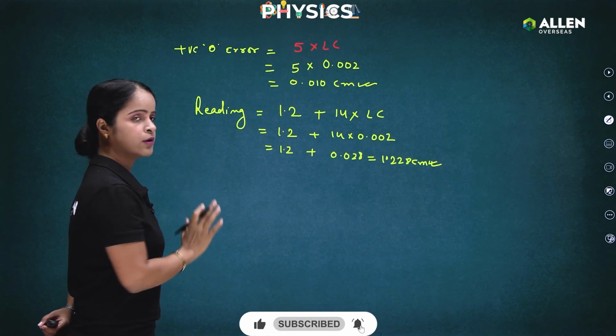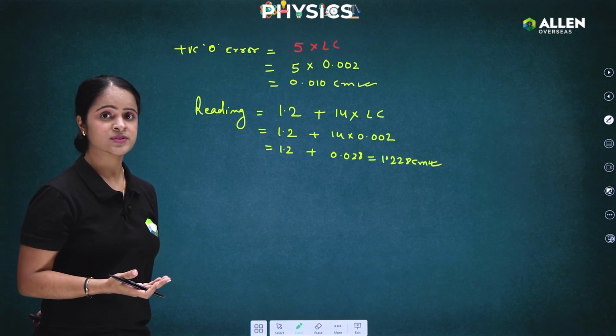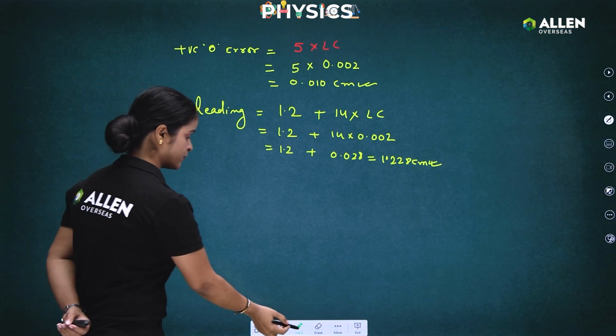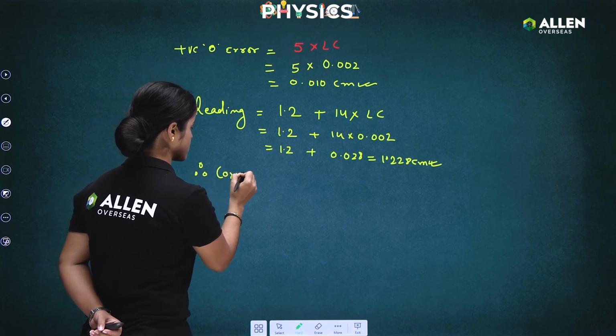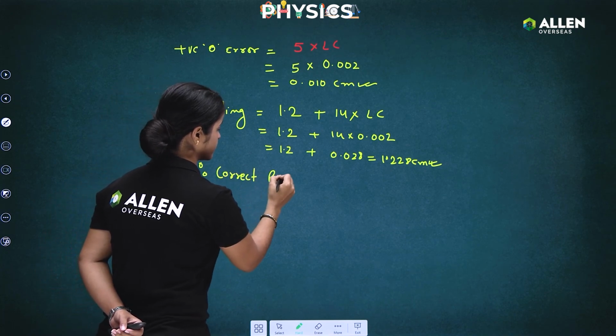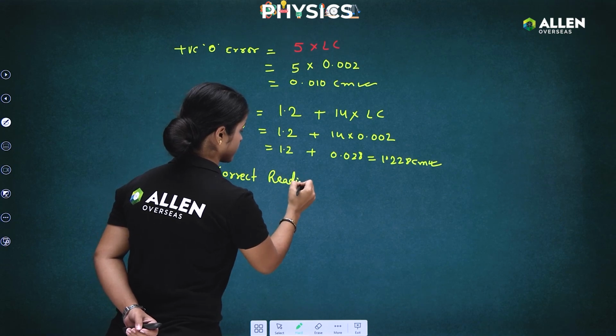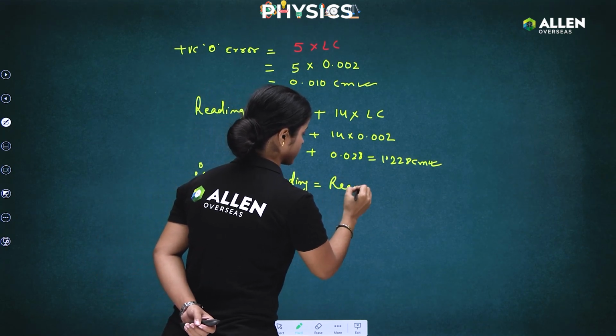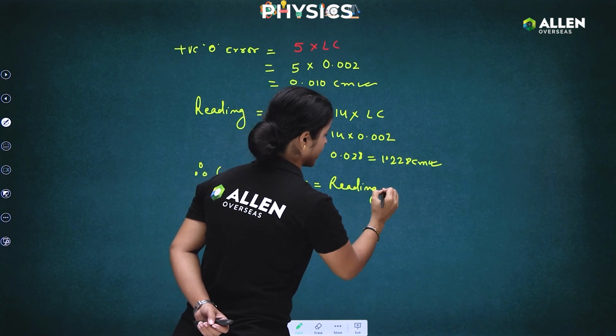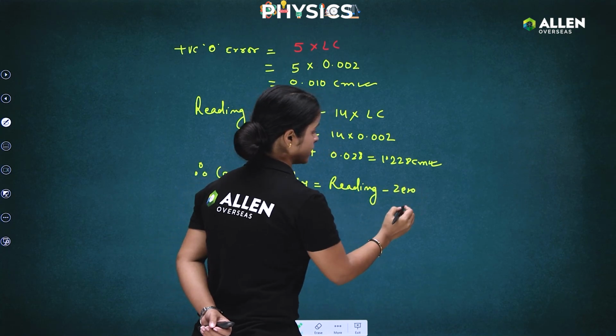But this is only for reading. But our screw gauge also has some positive zero error. So therefore, correct reading will be equal to reading minus zero error.